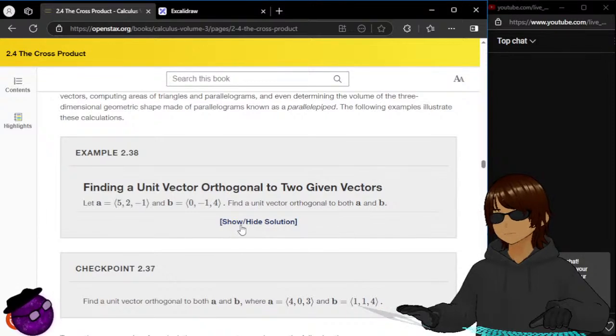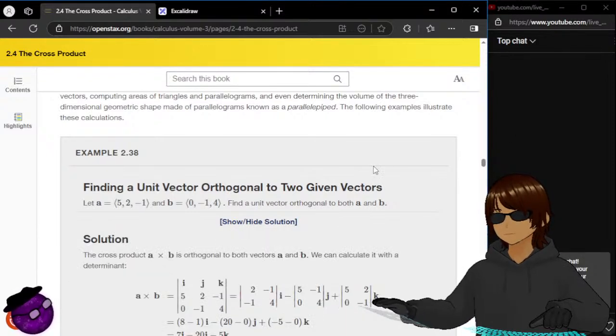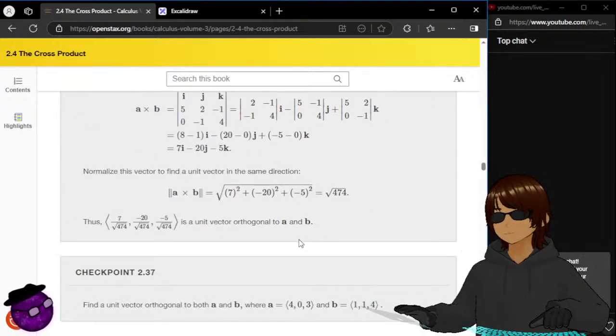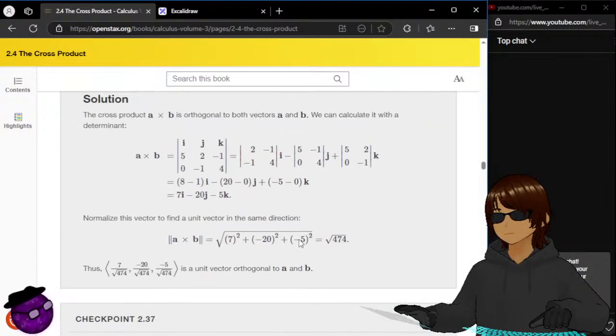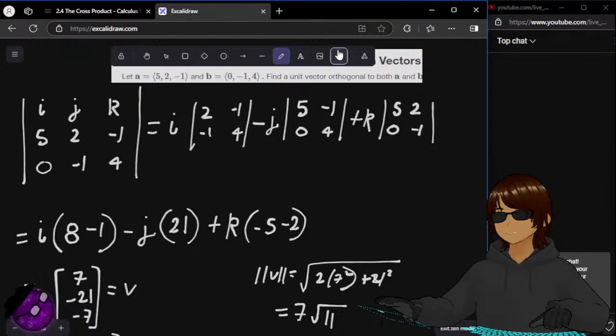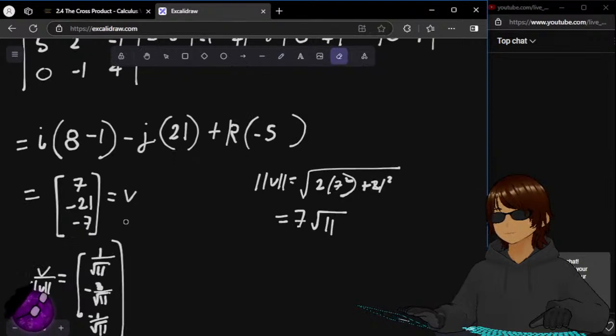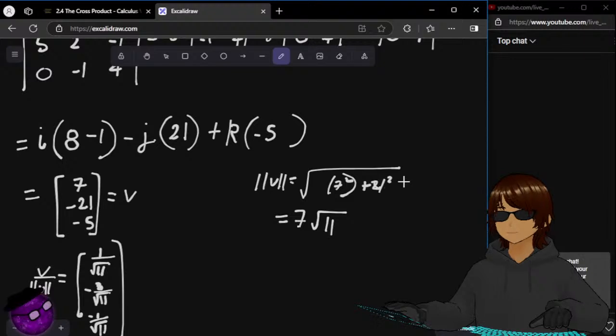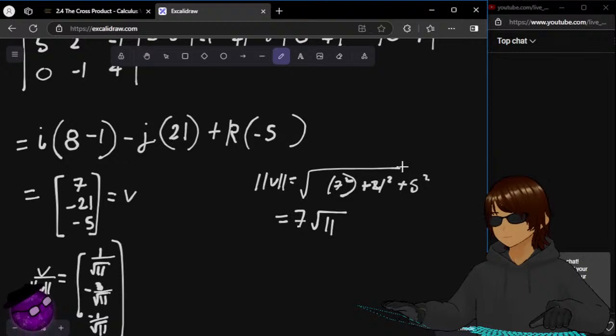Is this the correct answer? I got it wrong. So I'm -7. Oh wait, I forgot. This is 5. -5. And then this would be 5 square. 7 square plus 5 square plus 21 square.